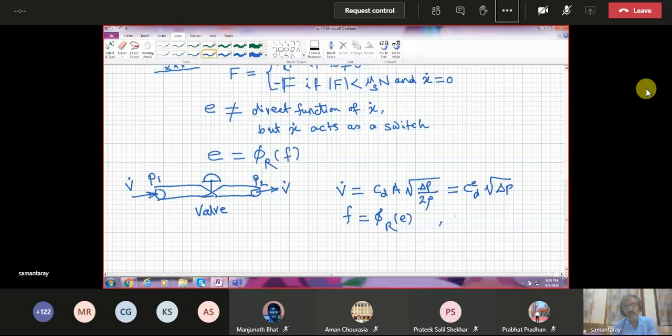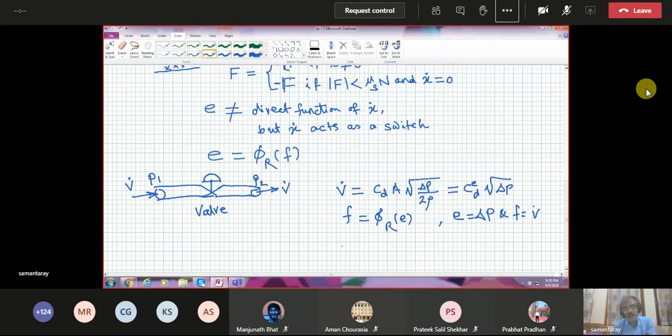Here, effort is delta P and flow is Q. So that's a nonlinear relation. You can of course write this relation by inverting this.